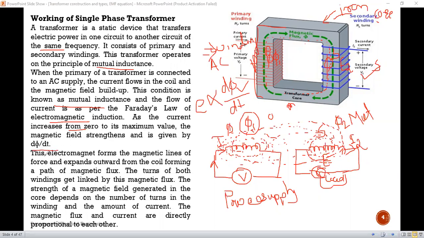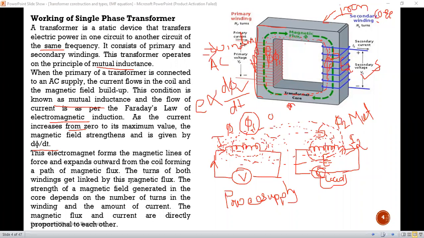This electromagnet forms magnetic lines of force, or flux, and these lines expand outward from the coil, forming a path of magnetic flux. A magnetic flux path will form in between this closed core. It will provide a return path for the flow of flux.